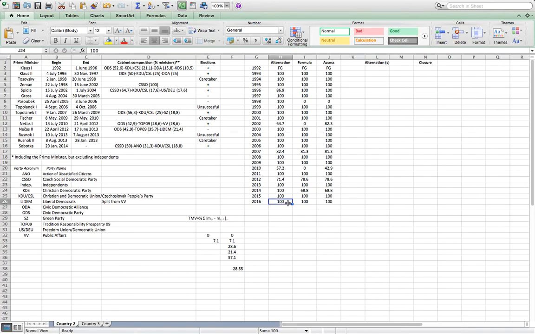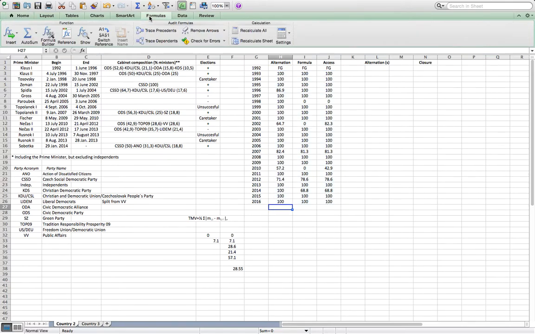So now we have scores for all the features, all the years within the Czech Republic party system. What we need to do is add up all these years into a final score, we need to do the average, okay?